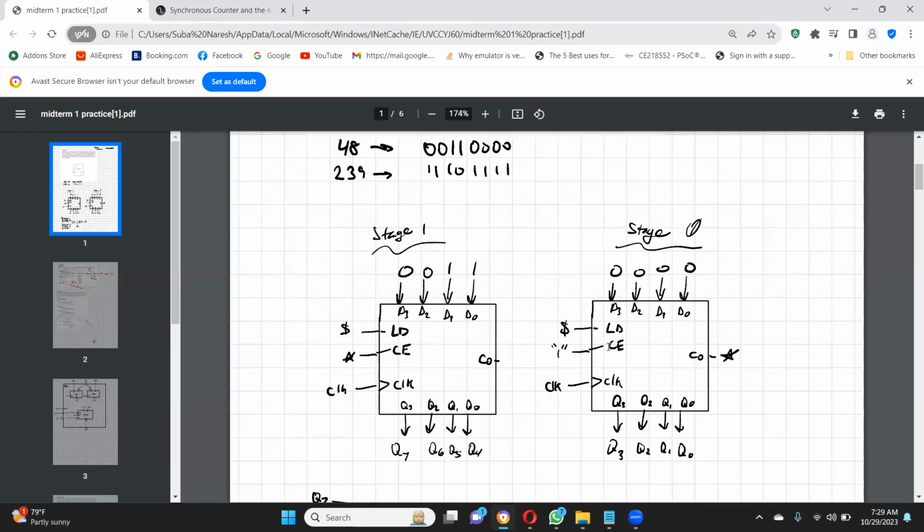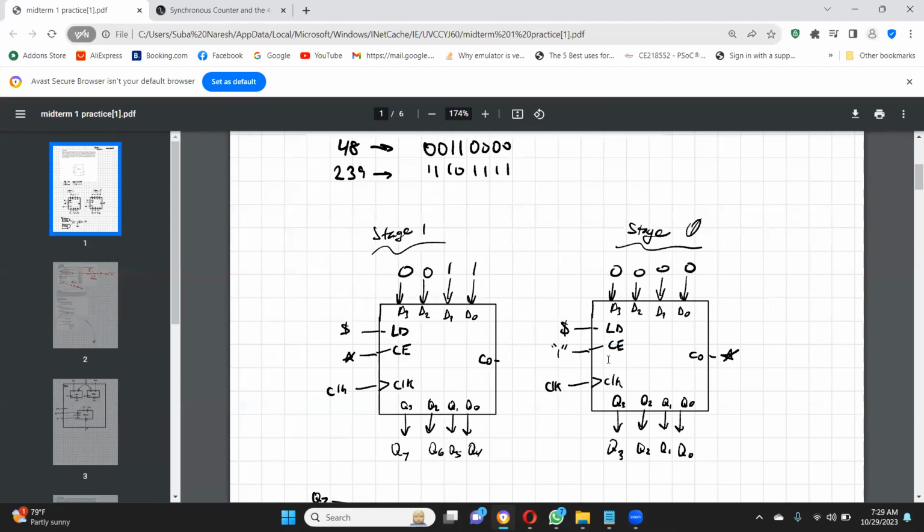When 0000 gets loaded, my output Q will be zero, but it will not start counting. It will just be loaded. When will it start counting? It will start counting after you pass the clock signal and C equal to 1.